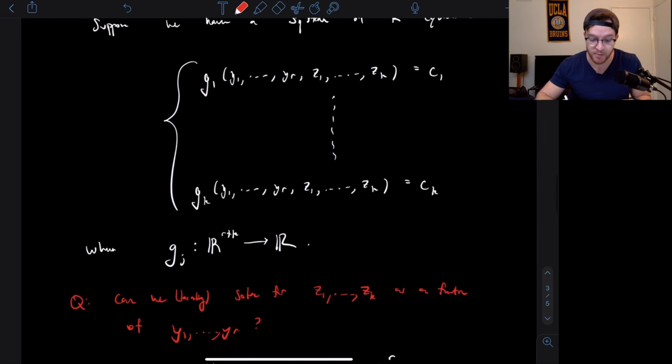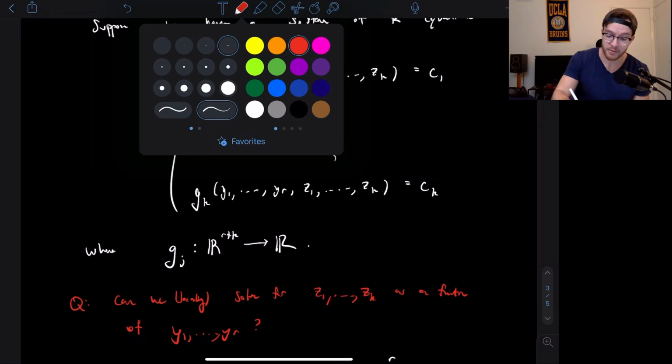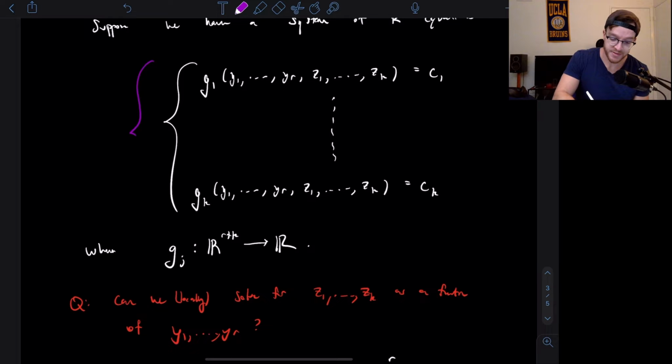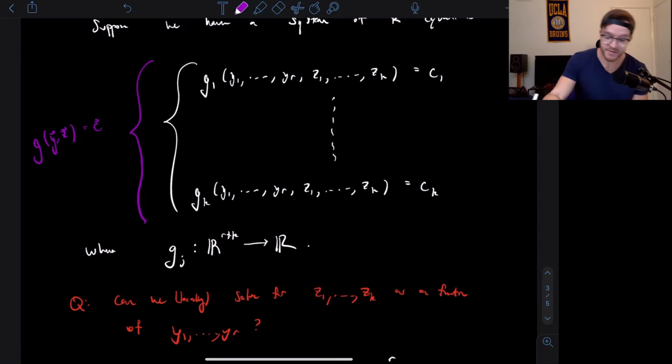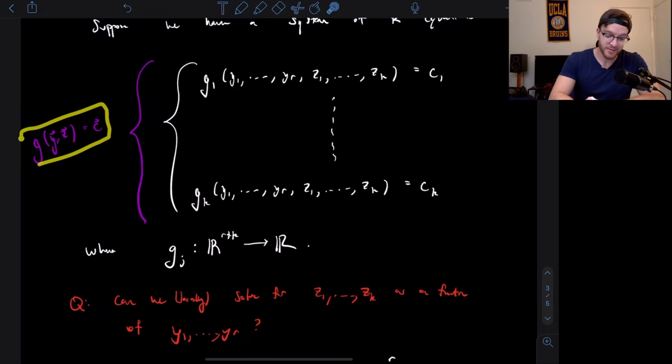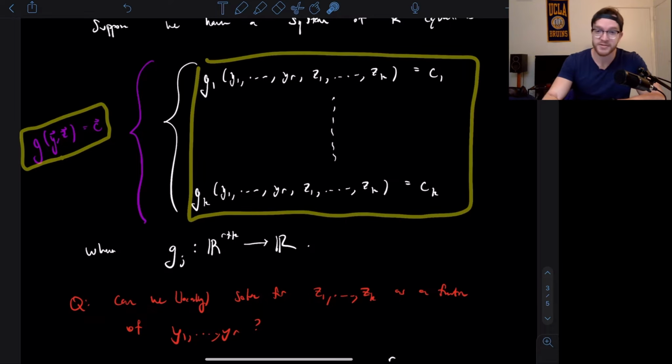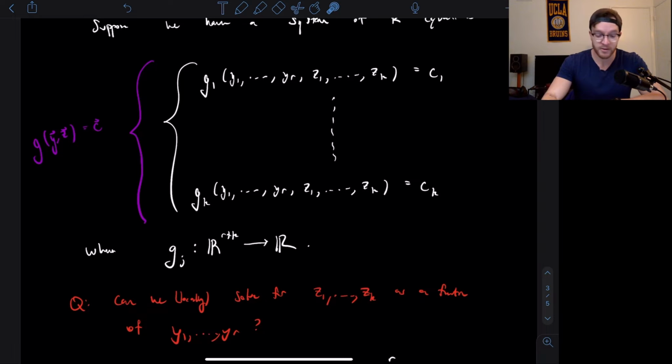Let me remark that the point of this is that now we can rephrase this whole system of equations as g of (vector y, vector z) equals vector c, right? This expression right here captures all of this data. It's just a more compact way to phrase a big system of equations.